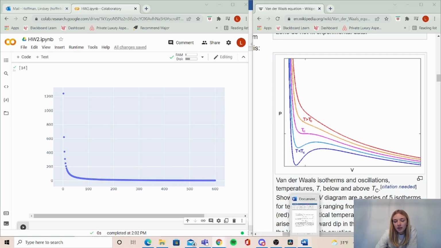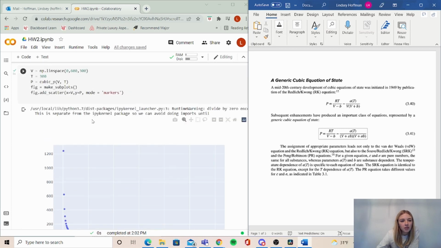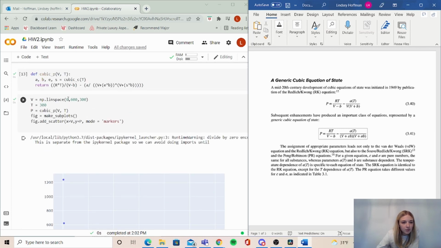And if we look back at our equation of state here, the first term we have in the denominator, there's V, our volume, minus the excluded volume. So if we set our initial volume to be 0 on our chart over here, that's going to give us either a negative in the denominator or 0, and we don't want either of those. So we can go ahead and change that.